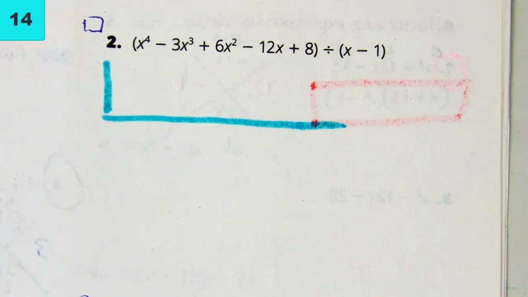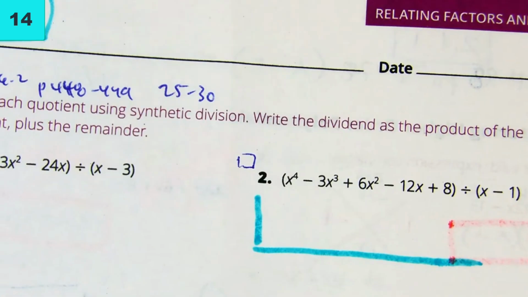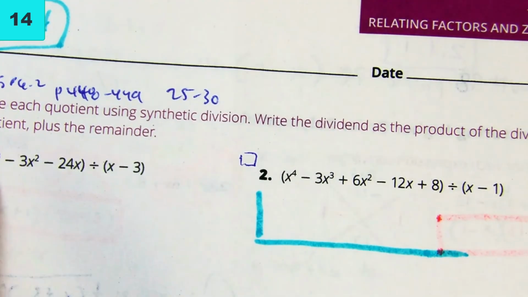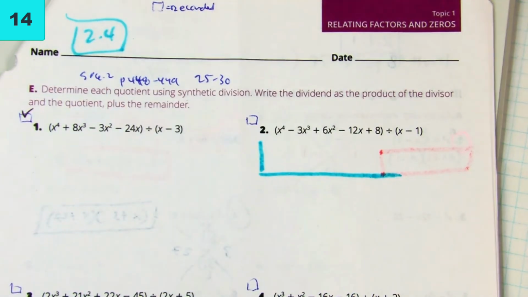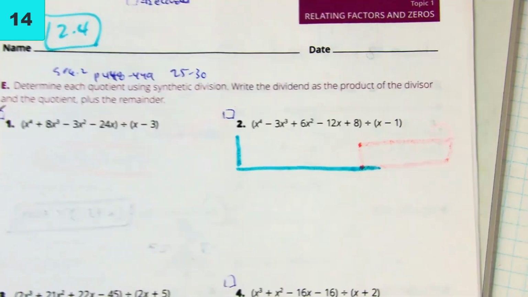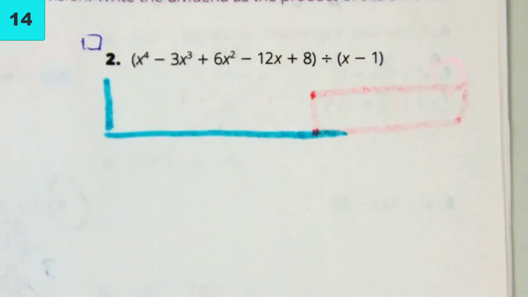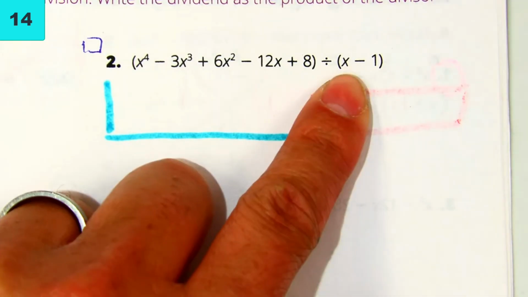UN, can you read the directions for us? Determine. Thank you. Alright, what's step number 1, UN? Okay, everyone put your finger on it. That's what we gotta do.